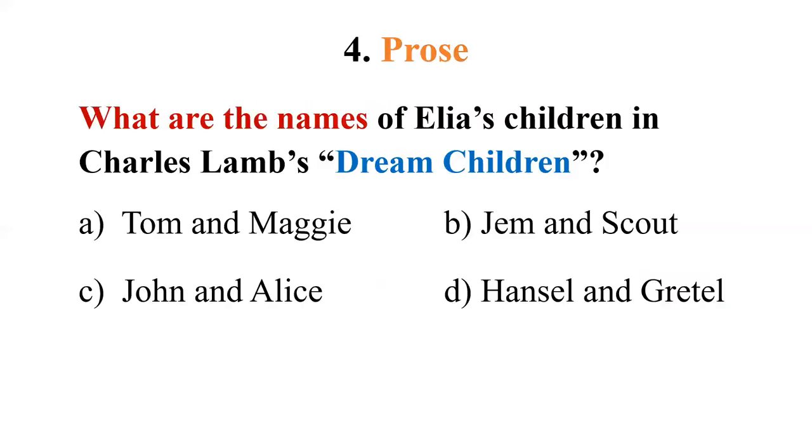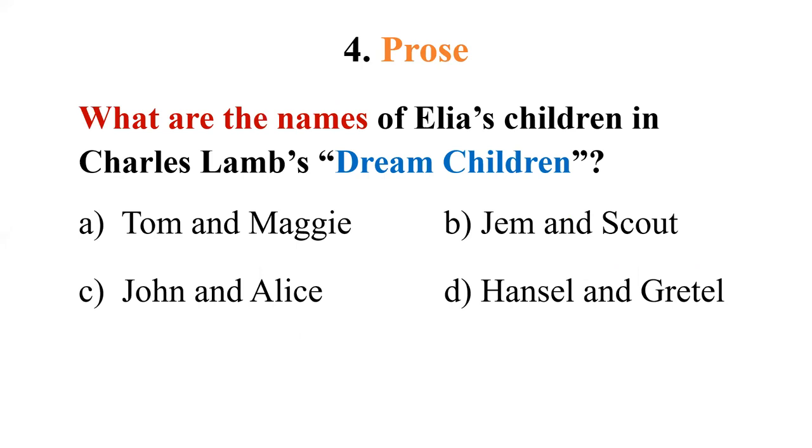Let's say prose. What are the names of Elia's children in Charles Lamb's essay, Dream Children? Option A, Tom and Maggie. B, Jem and Scout. C, John and Alice. D, Hansel and Gretel. So if you look at the logic in the options, you have brother-sister pair.